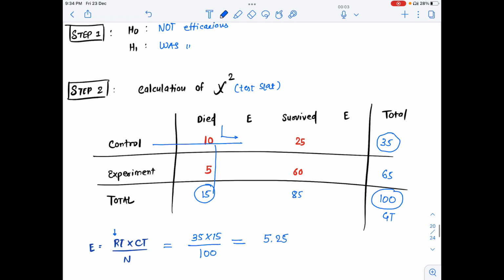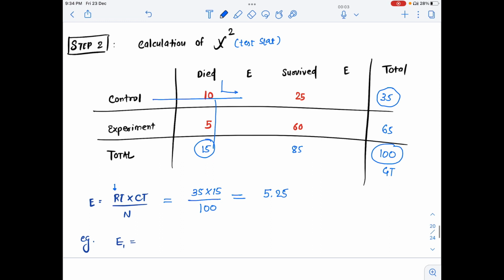We will calculate this and we will get 5.25. The same way we can calculate this one. For this one it will be row total 65, column total 15. So this is for E1, and for E2, 65 into 15 by 100 will be around 9.75.